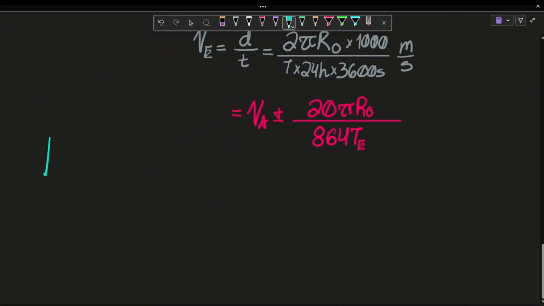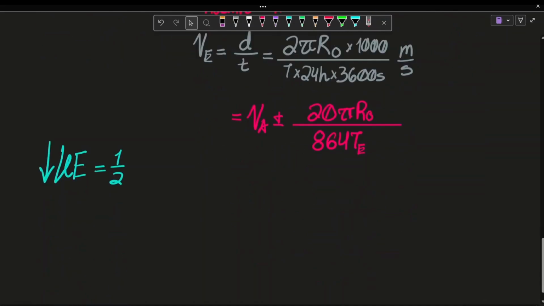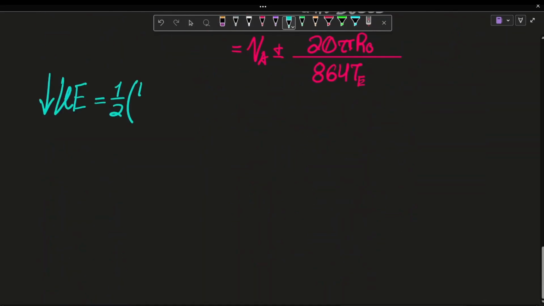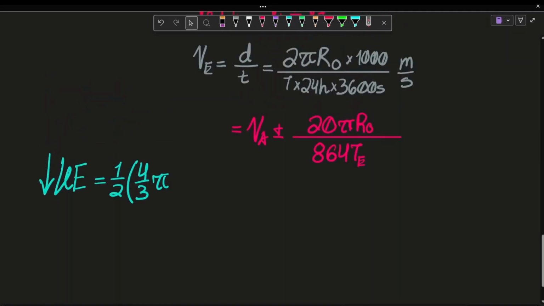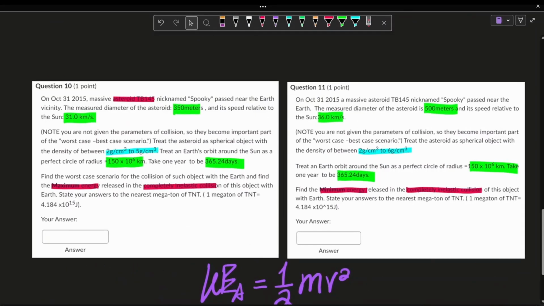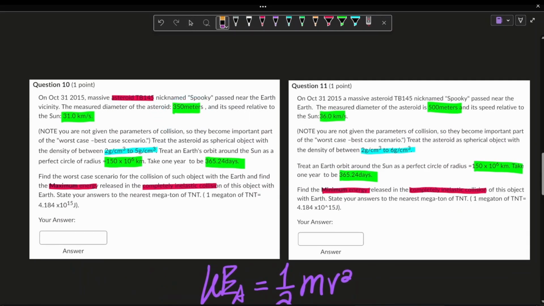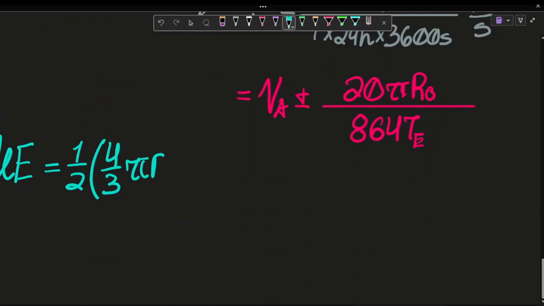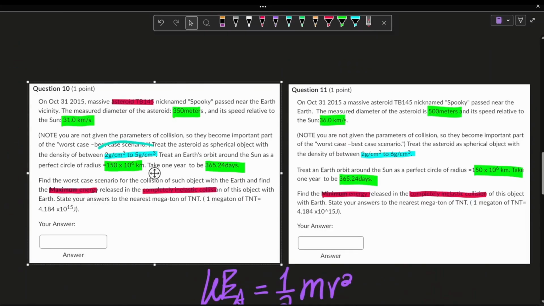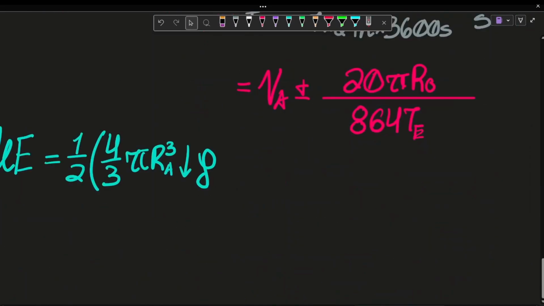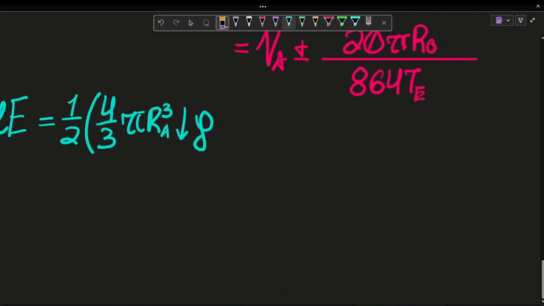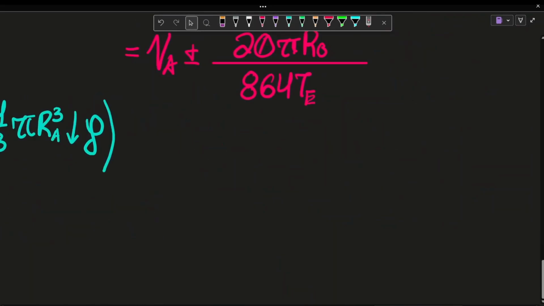So then we can plug that back in. So again, the minimum kinetic energy it can have would be 1/2 times 4/3 pi. And of course we can say the minimum radius, but the diameter, and thus the radius of the asteroid, stays the same. So we can just say r asteroid cubed. But of course we need to consider the lowest density, since again it's saying that it ranges between two boundaries. So the lowest density times here would be considering the lowest velocity.